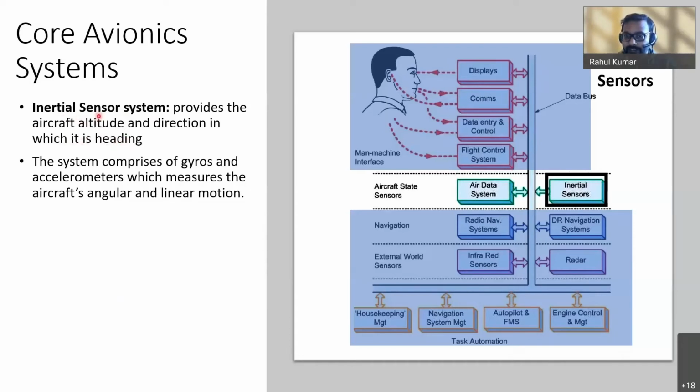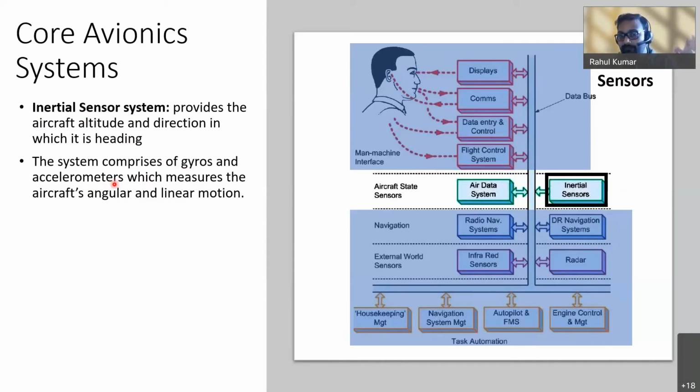Basically these sensors are your gyroscope and accelerometer. Those are called your inertial sensors, right? With the help of these inertial sensors, your gyroscope and accelerometer, you can identify the location of the aircraft.